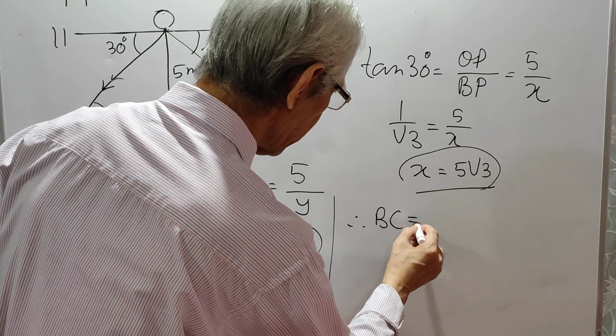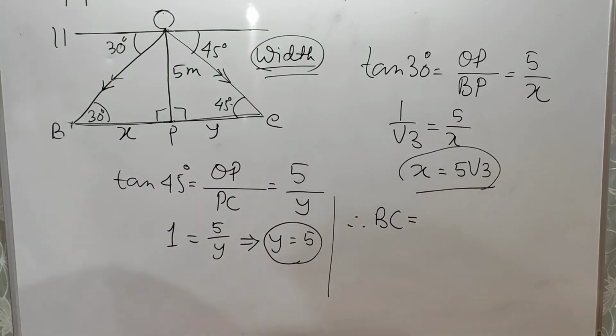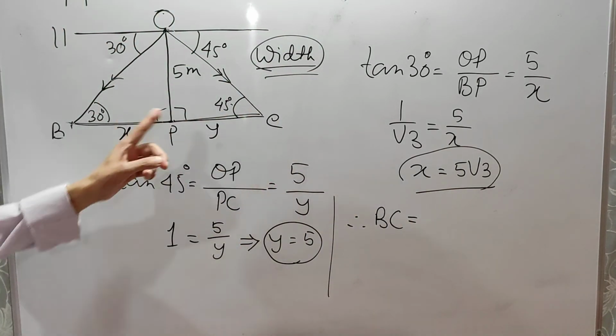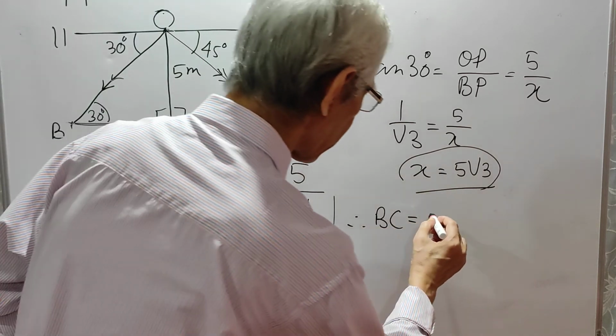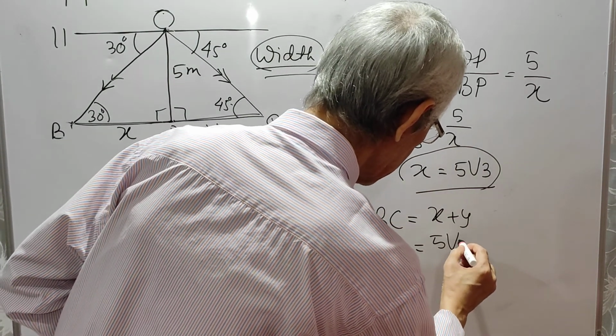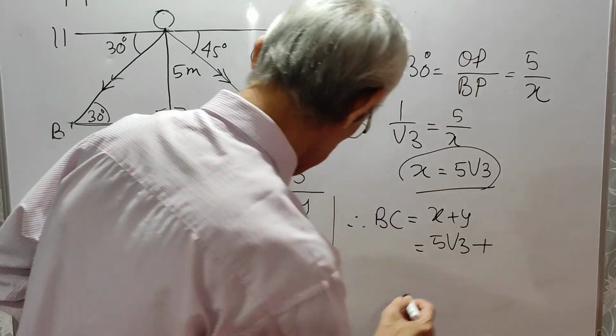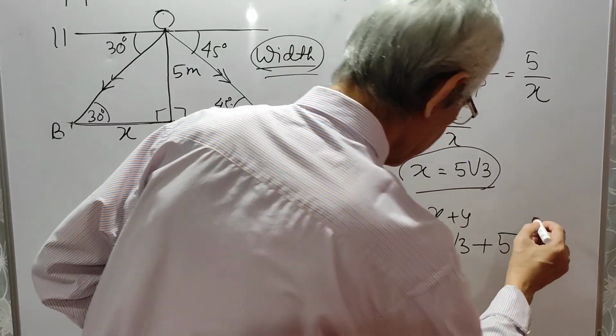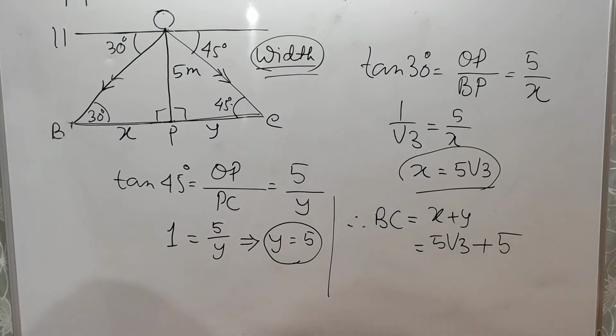So now BC, the width of the river we have to find out. BC means X plus Y. X is 5 root 3, plus 5. So we got the answer 5 root 3 plus 5.